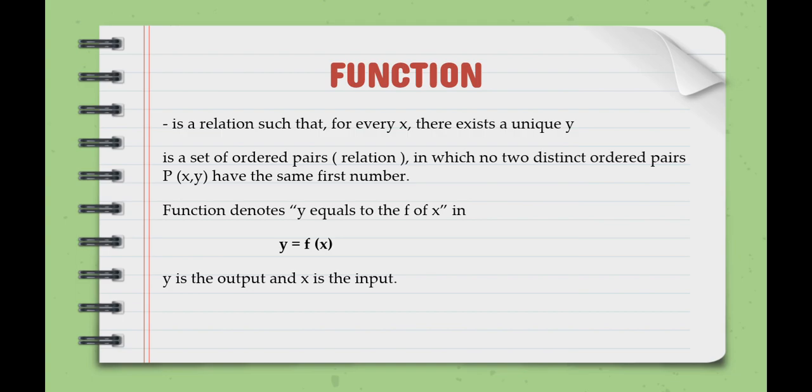Lahat po ng sets ng x values dapat po may kanya-kanyang value. Hindi po pwedeng maulit. Kasi kapag naulit po ang particular values ng x values natin, hindi na po siya matatawag na function. Mere relation na po siya.